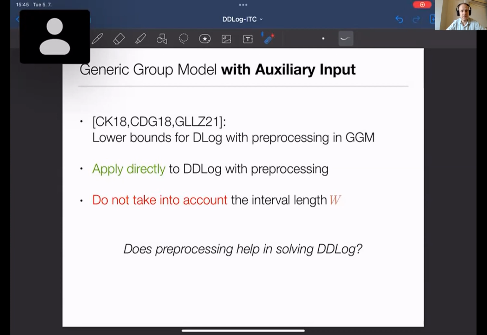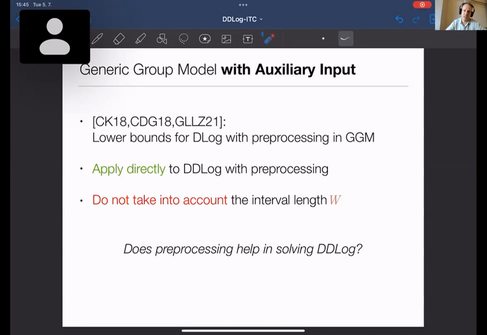They studied generic group model problems and assumptions with auxiliary input. You would like to understand the security of some group theoretic problems against non-uniform adversaries, and we have some very strong trade-offs or lower bounds on the power of preprocessing.